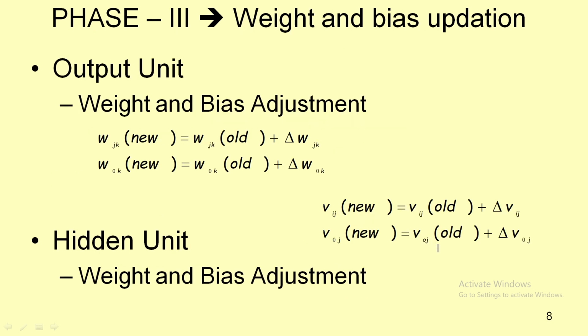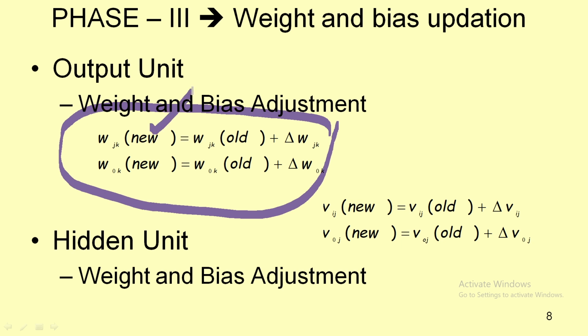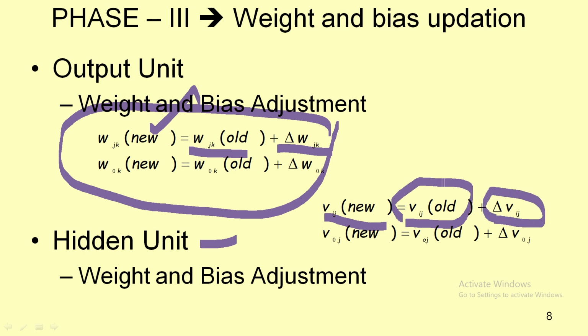Then that weight and bias change is utilized to calculate the new weight. So what is the new weight? The new weight is equal to the old weight plus the change in weight. Likewise for the hidden unit, weight and bias adjustment: the new weight is equal to the old weight plus the change in weight value. So this is the third phase.